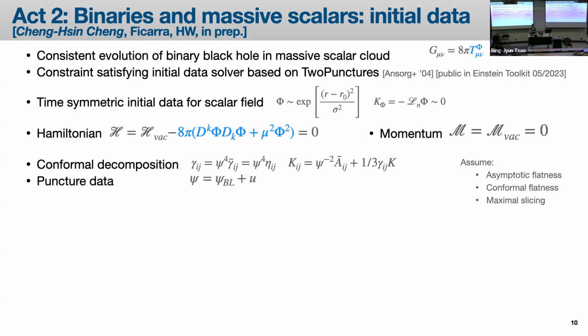So we went ahead, did the usual York-Lichnerowicz conformal decomposition of the metric and extrinsic curvature, and used puncture data as an ansatz. So ψ here is our conformal factor. ψ_BL is Brill-Lindquist initial data. So think of that as a superposition of two punctures. And then u is a correction function here. So essentially going very much through a lot of the derivation that actually goes back to Steve's work with Bernd in the 90s.